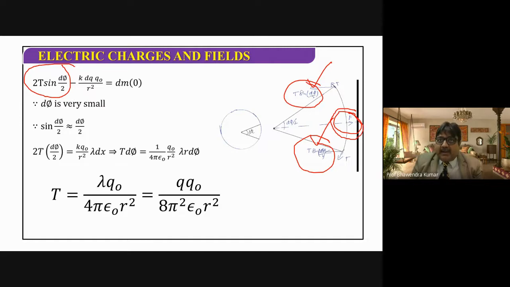This is the standard method. This is method number 2. Okay. Clear? Can we move ahead?